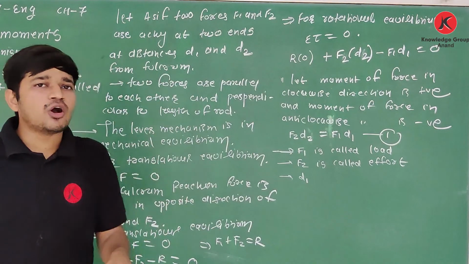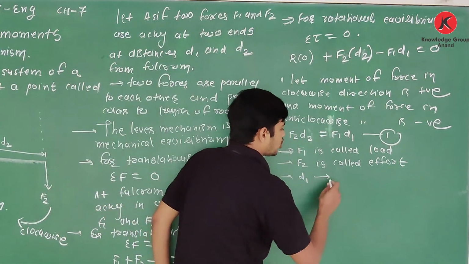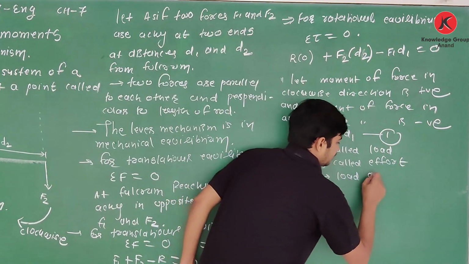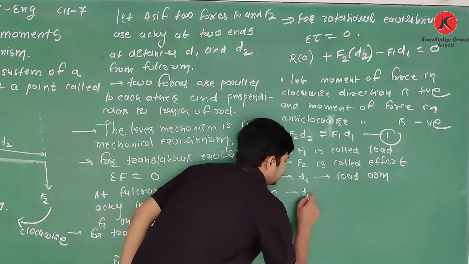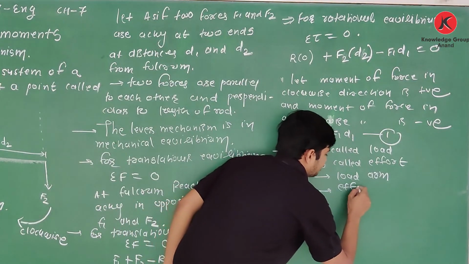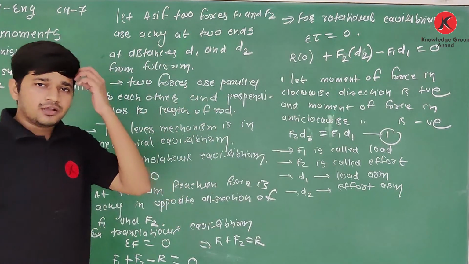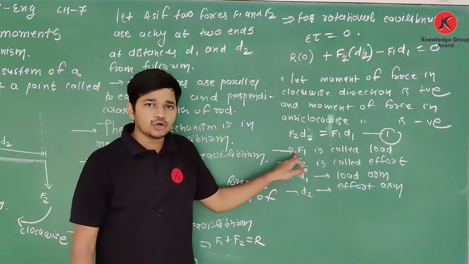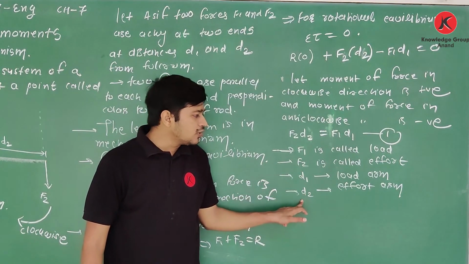D1 is the distance of F1 from the fulcrum, so D1 is called load arm, while D2 is called effort arm. So F1 is called load, D1 load arm, F2 effort, D2 effort arm.